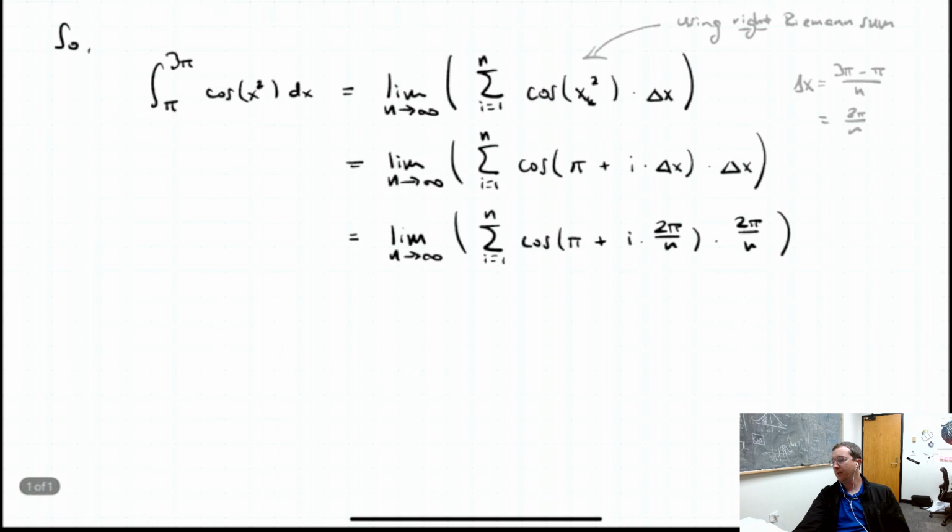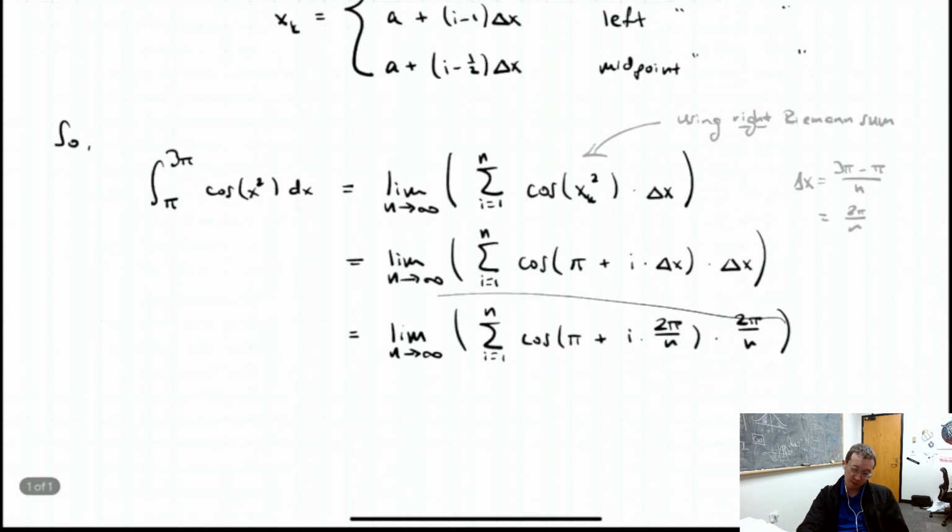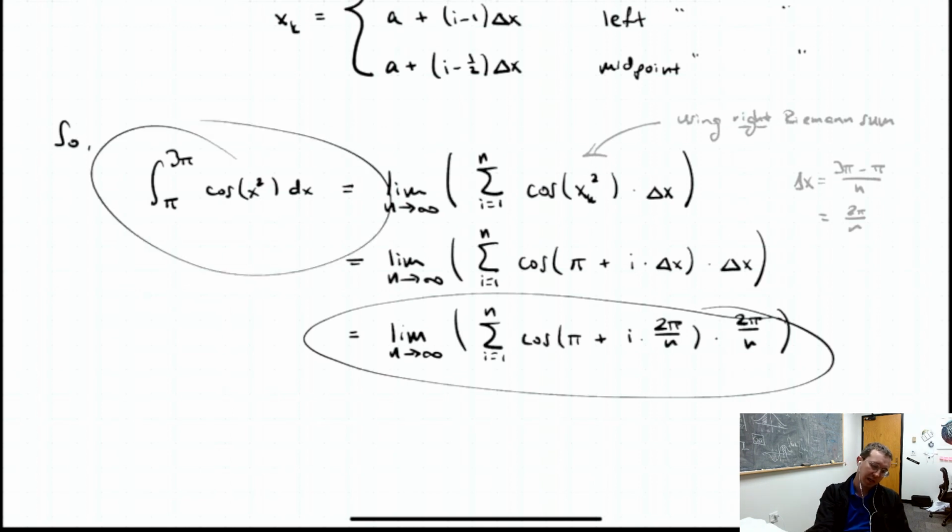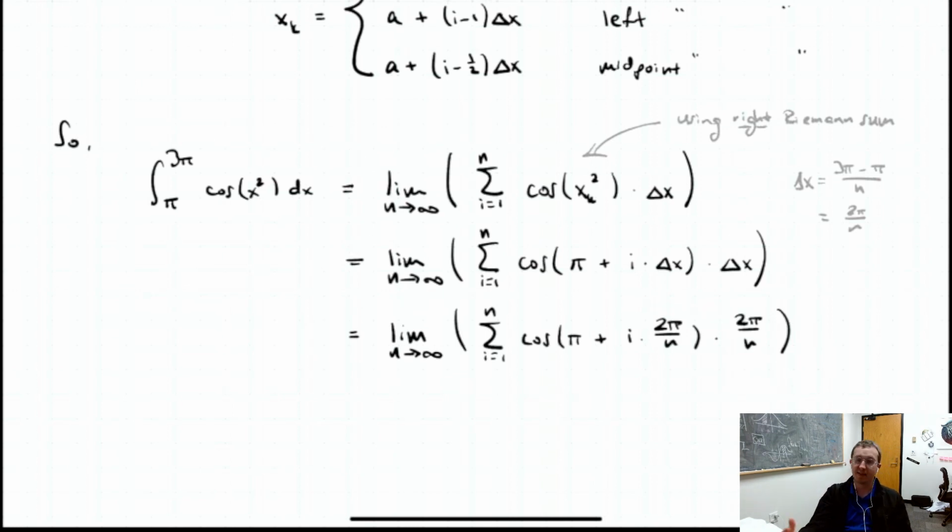Okay, so you could also be asked to go the other way. You could be given something like this, and then be expected to write it as a definite integral. Let me show you an example.